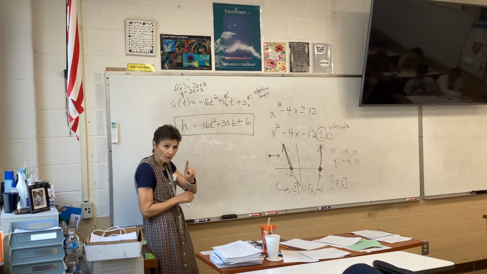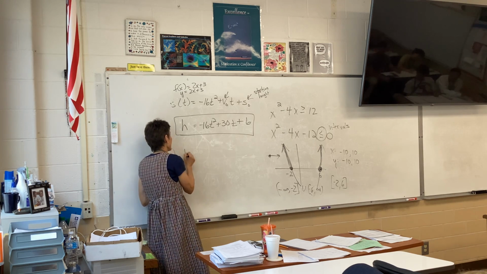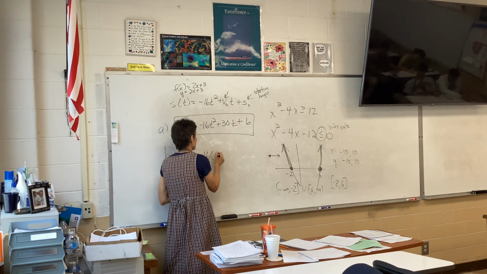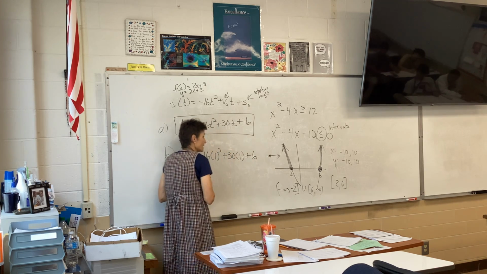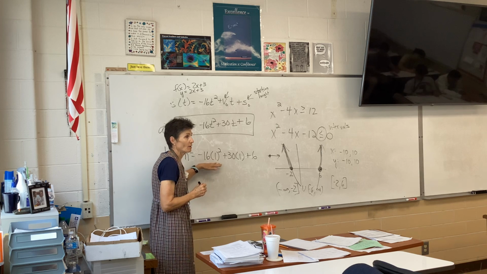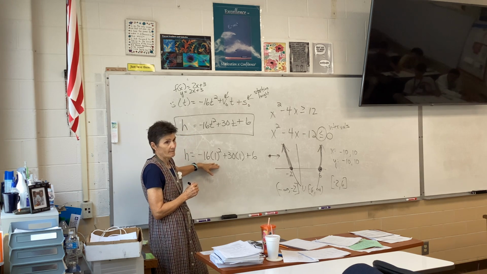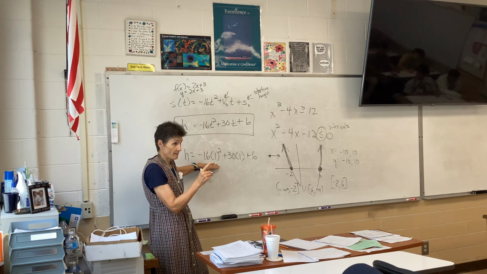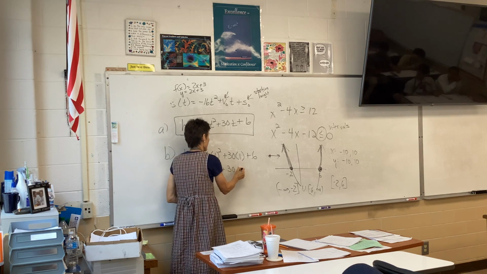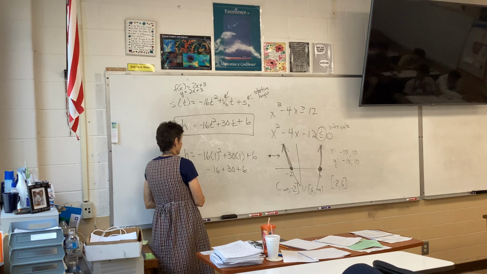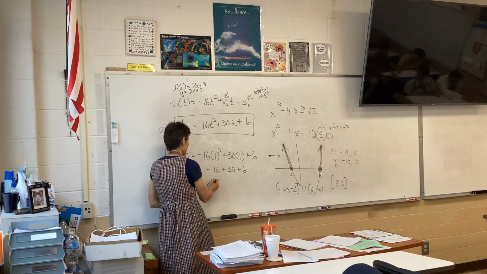Plug it in for t. So h equals negative 16. And I don't think anybody in here would mess this up, but remember, you're not squaring the 16. You're squaring the 1. So this is negative 16 plus 30 plus 6. I'm getting 20 feet. Does that sound about right?